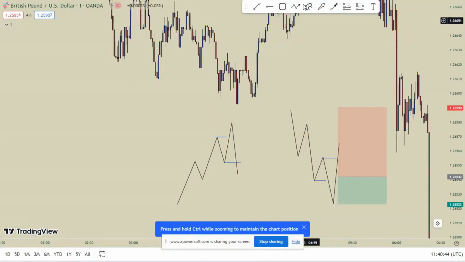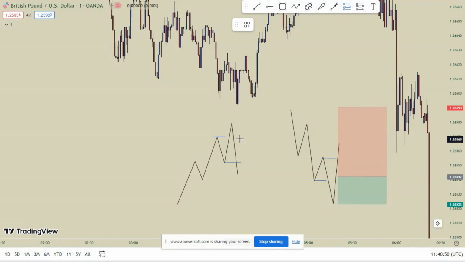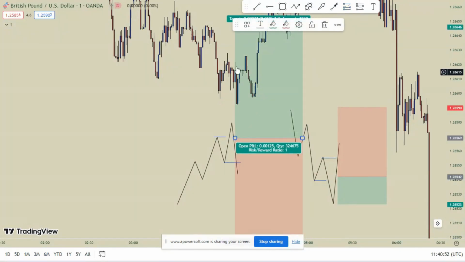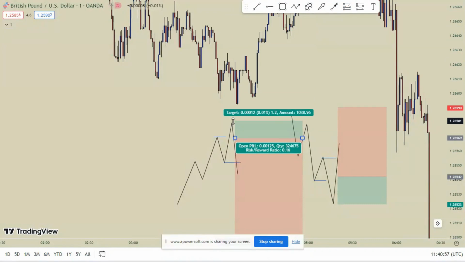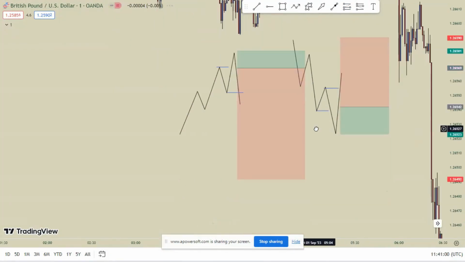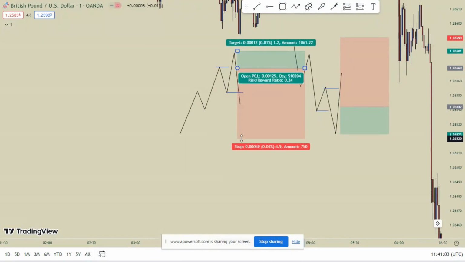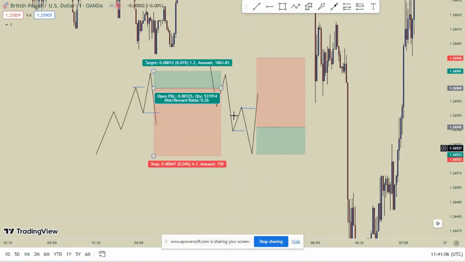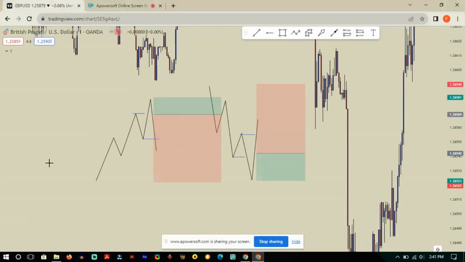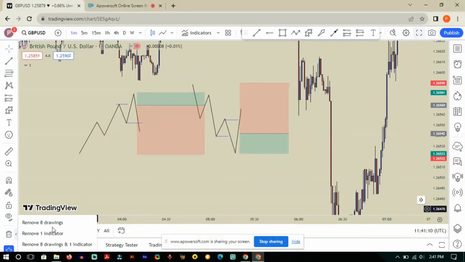For the case of bearish, we shall be doing something like this, stop loss slightly above, and then we target lower. So that's a simple illustration. I believe you're going to pick it up more when we come on the charts.